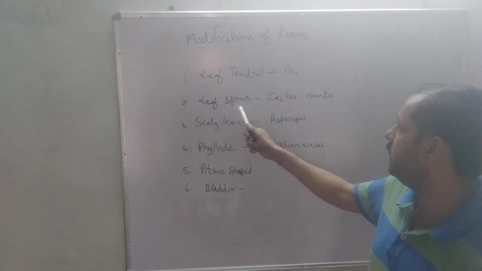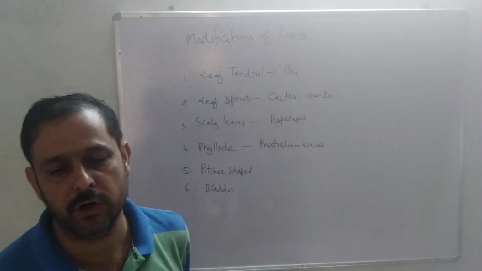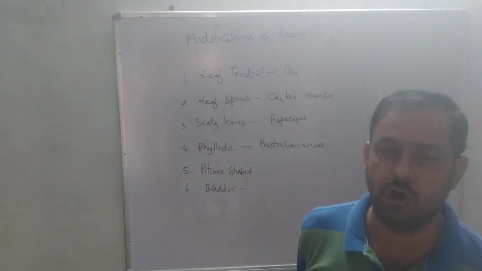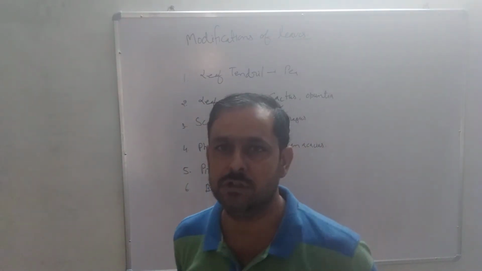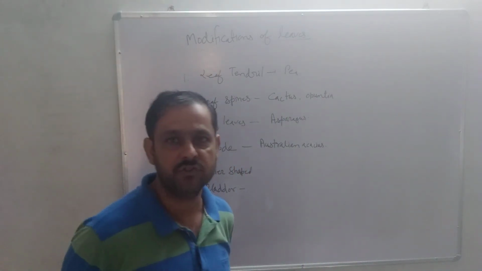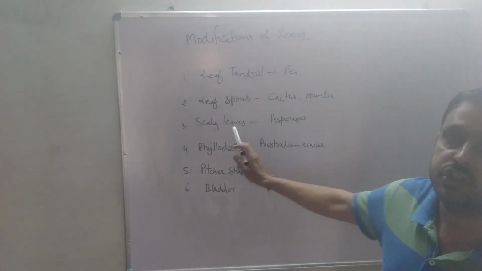Example, pea. Leaf spines. Leaves may be wholly or partially modified into sharp and pointed structures called spines. They help to reduce transpiration and protect the plant from grazing animals. Example, Opuntia cactus.